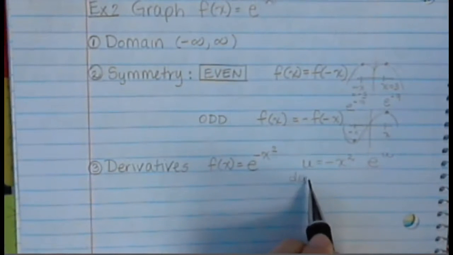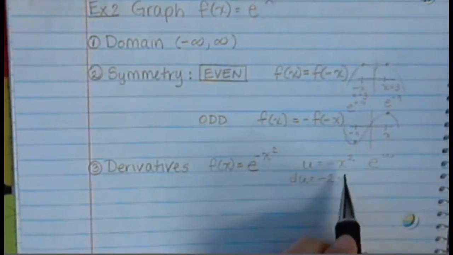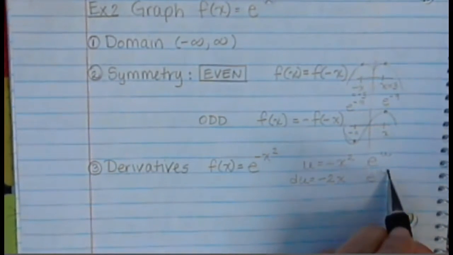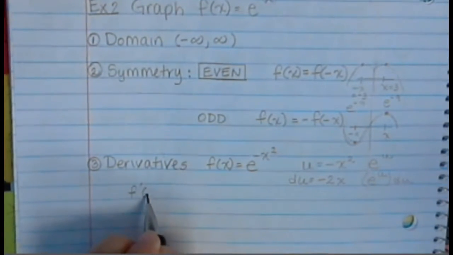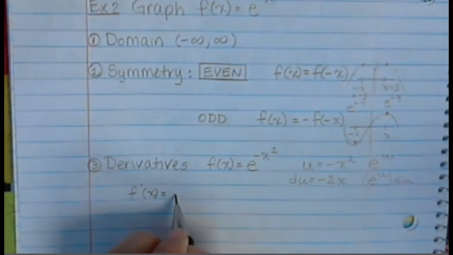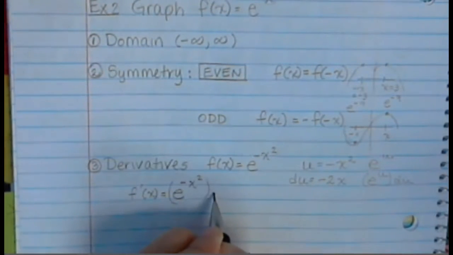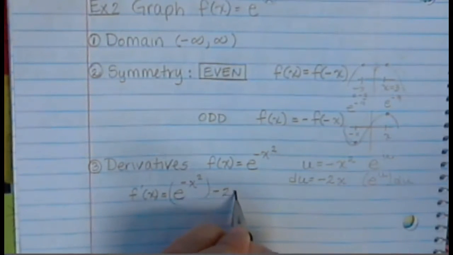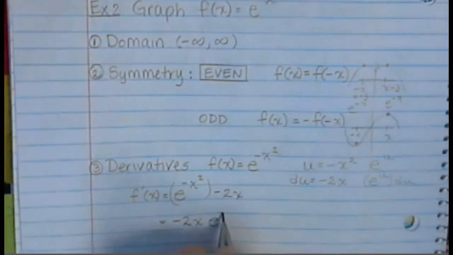We need to take the derivative of u, so I'm going to bring down negative 2x to the 1 power, and then our derivative is going to be e to the u times du. So for f prime of x, the derivative of this is itself, e to the negative x squared, times the derivative of our exponent, which is negative 2x. So I'm going to rewrite that as negative 2x e to the negative x squared.